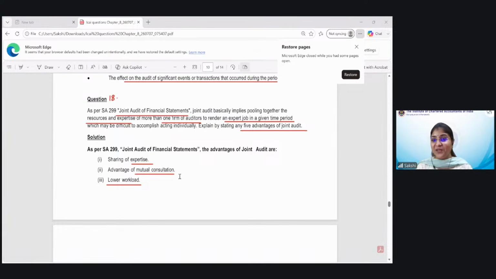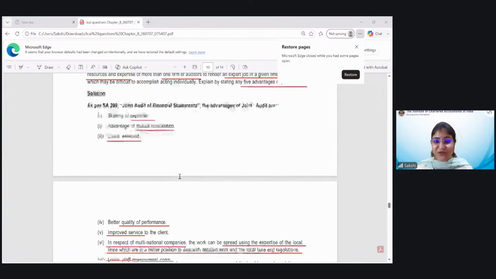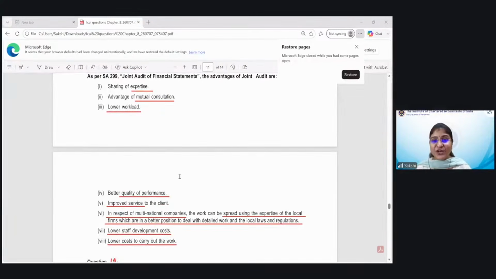So what are the advantages of joint audit? Obviously, you share the expertise. The best auditor, see, we are expertising in each and every field. For example, someone is very good at stock audit, you say you do the stock portion. Someone is very good at, see, collecting confirmation from the debtors, which is also an art. Can you seek information from anyone you feel like?